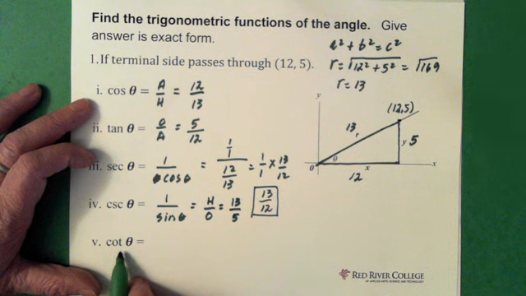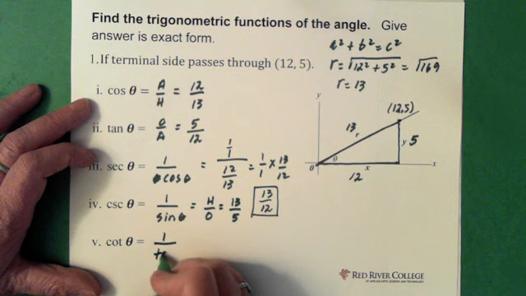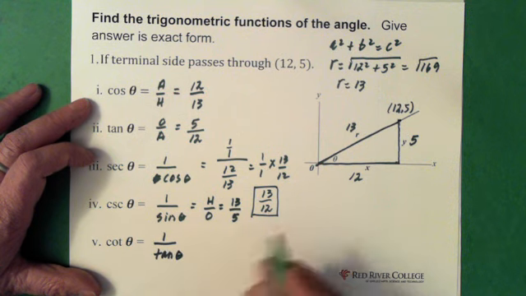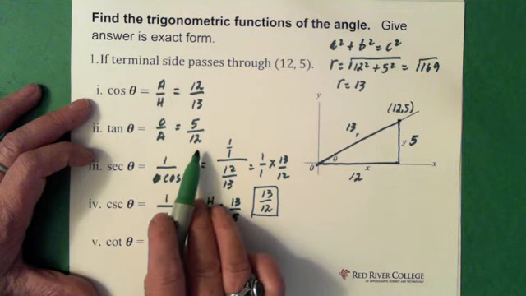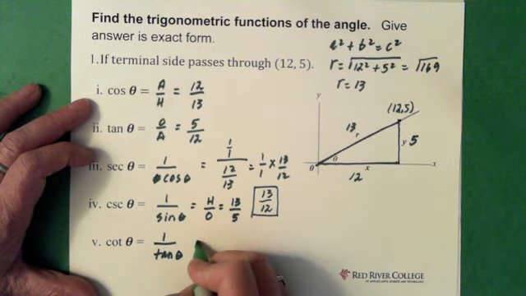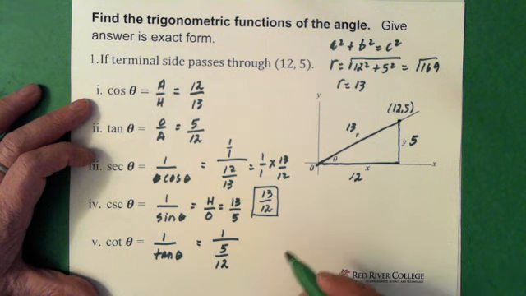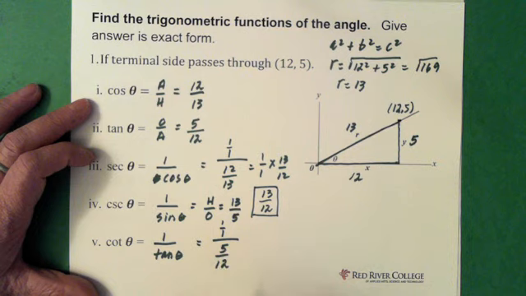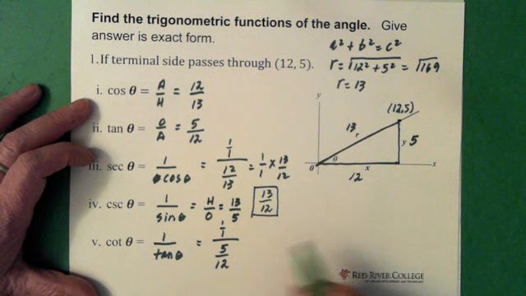The cotangent of the angle is 1 over the tan of the angle. The tan of the angle was 5 over 12, so this is 1 over 5 over 12. Again, we have the division of two fractions here, so this is 1 over 1 divided by 5 over 12.